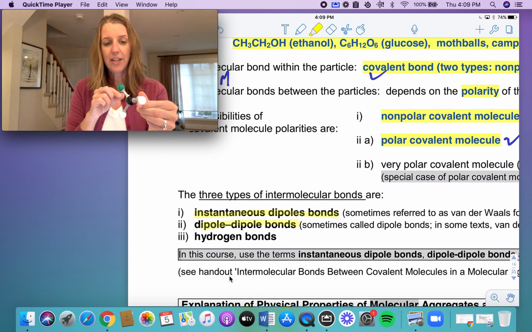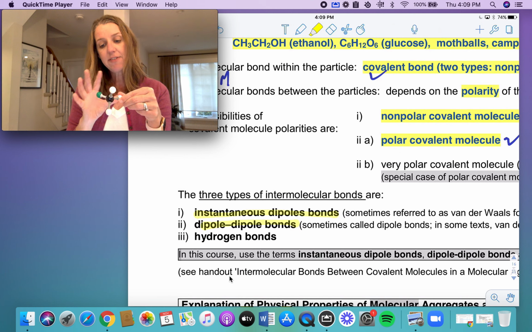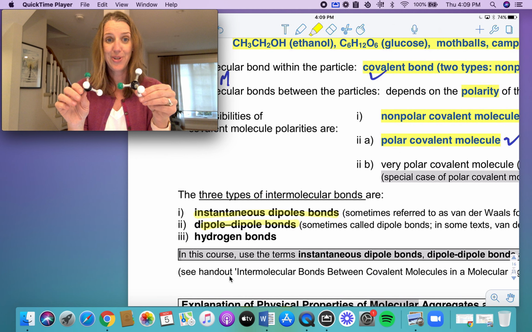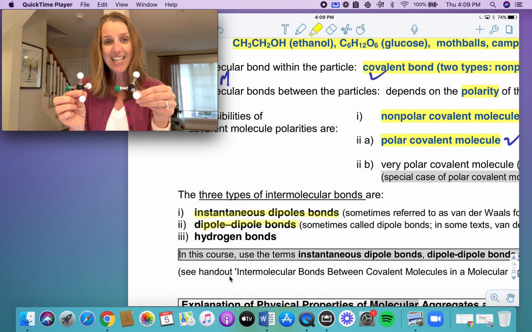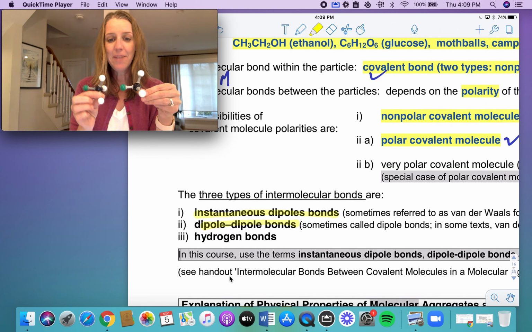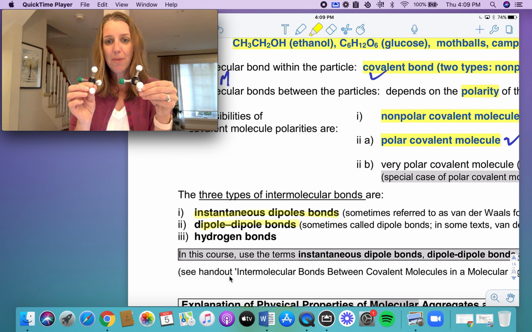This molecule here has a slightly negative character over to this side, which means that when it's bonded to another molecule that has also a slightly positive and negative character to it, there's a slightly greater attraction because the molecules themselves have a little polarity to them. Okay? The kind of intermolecular bonds that this has between two molecules that are like this is called dipole-dipole.